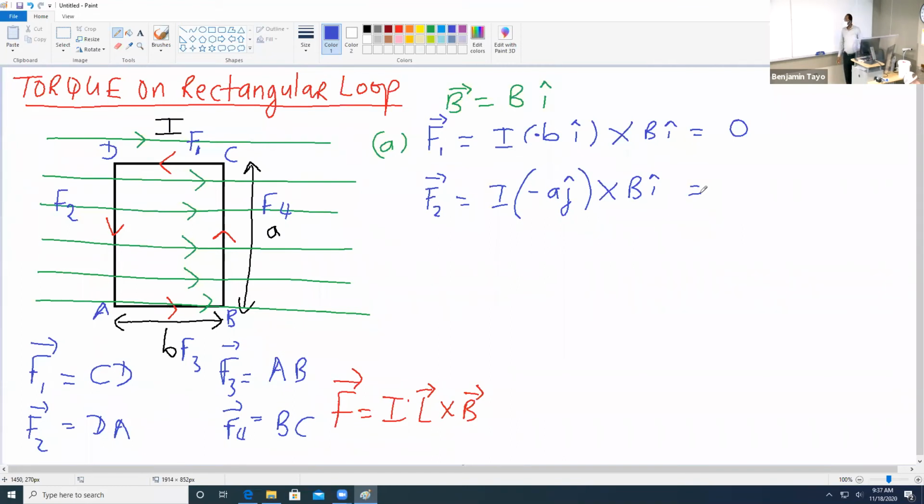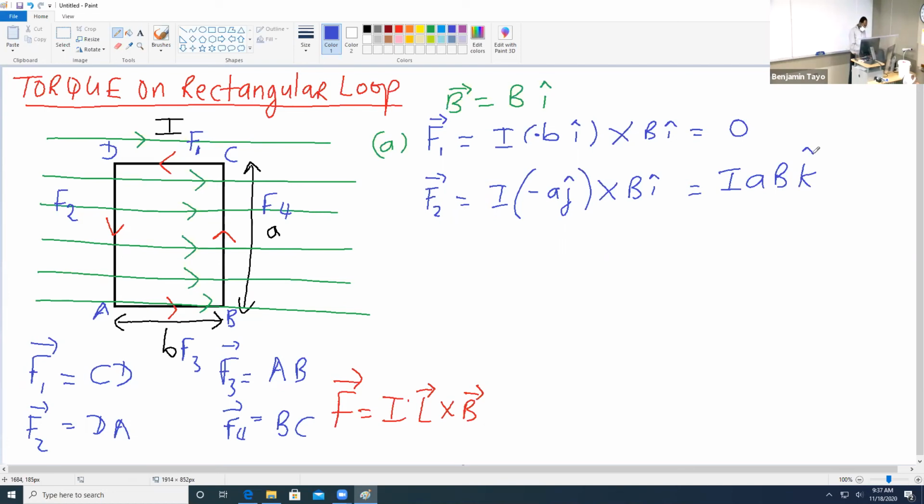We know that I cross J is K, right? So it means that J cross I is negative K. And the negative is with positive. So all of this is just going to be equal to I B a K hat.